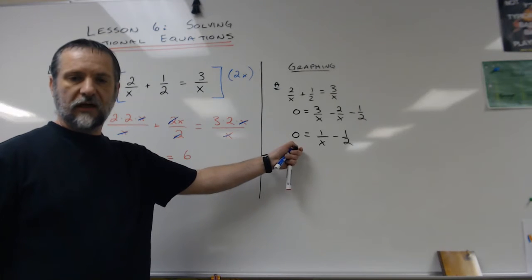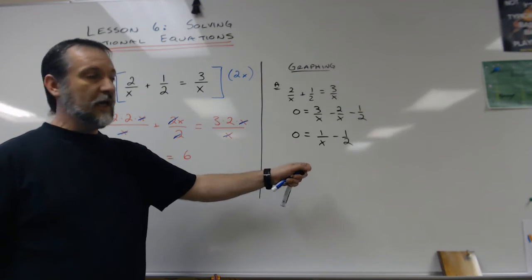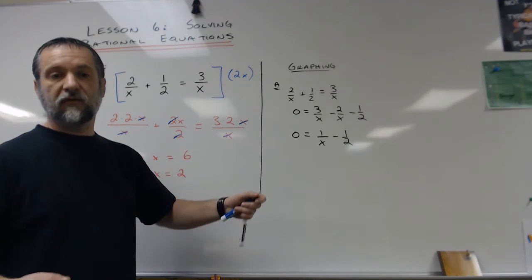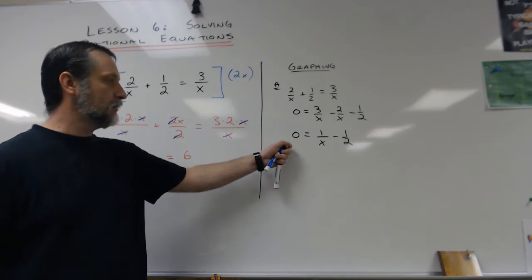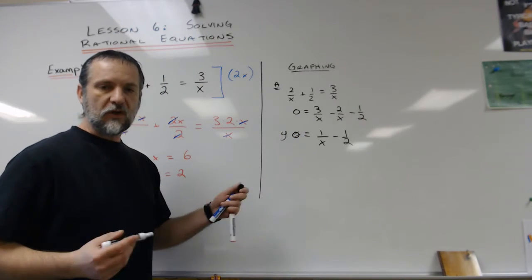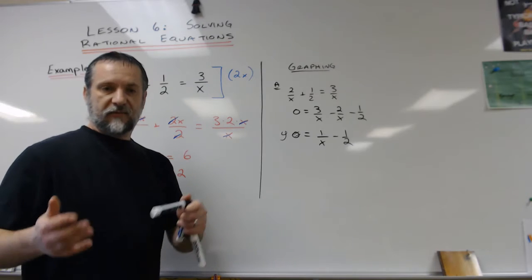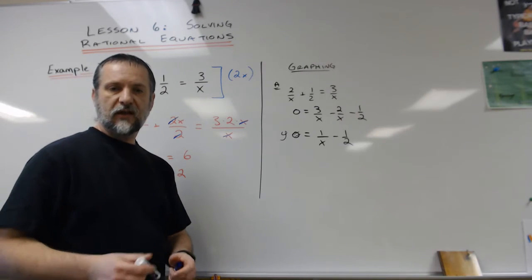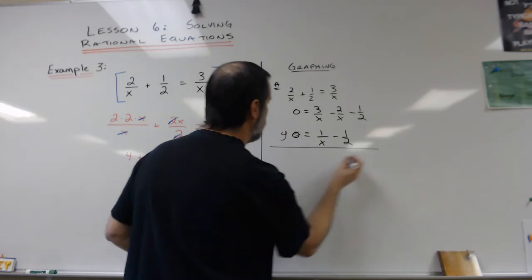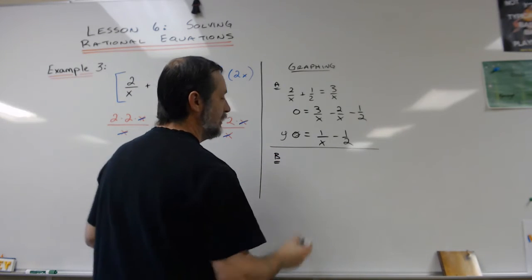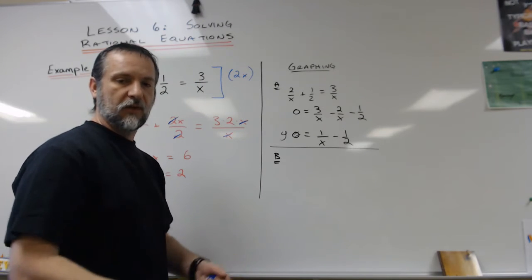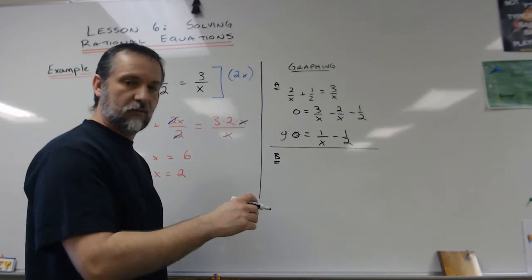You could graph 1 over x minus 1/2, and you look for when is that equation equal to 0, or sorry, more specifically, when is y equal to 0, because we're going to remove this and put in y equals. So when does y equal 0? That's one way of checking your work graphically. The way I like to do this one myself is option B, because most of our graphing calculators have the option to graph multiple lines on the same graph.